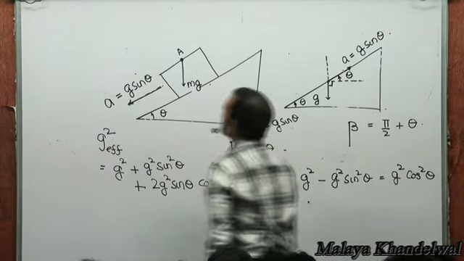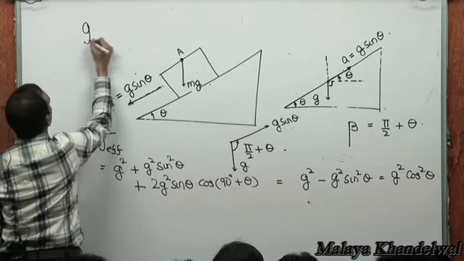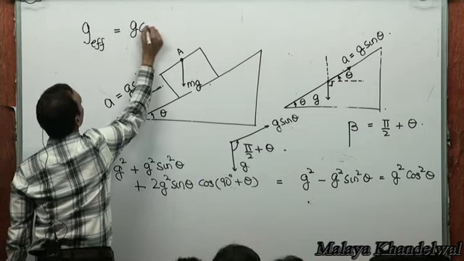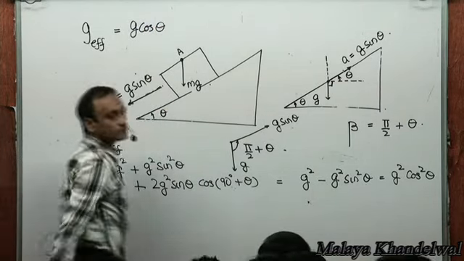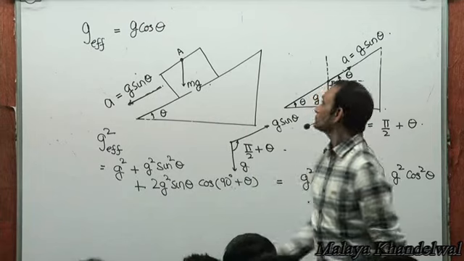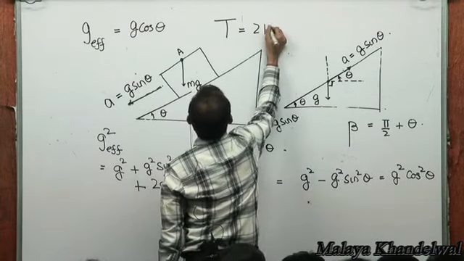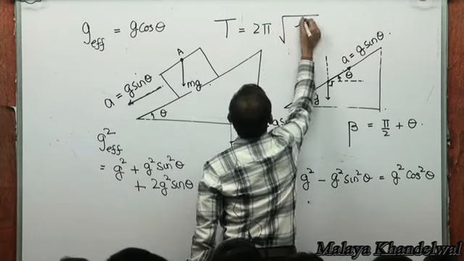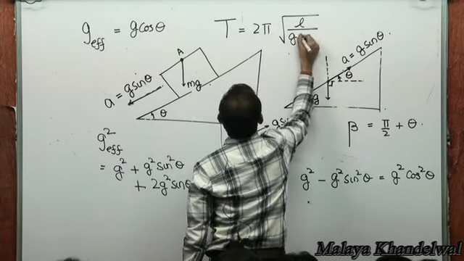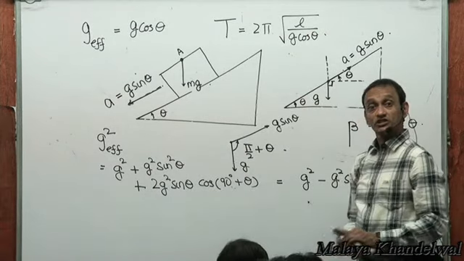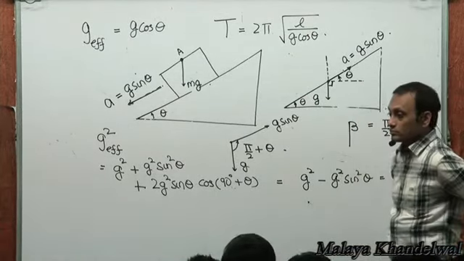So the G effective then becomes G cos theta. The time period of this is going to be 2 pi root L by G effective, which is 2 pi root L by G cos theta.